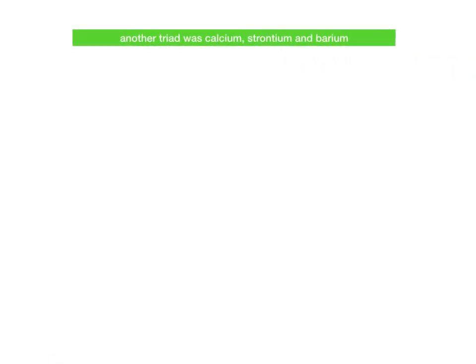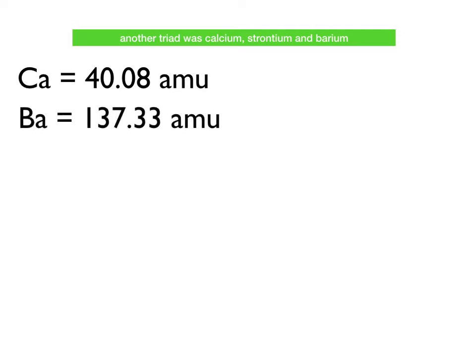Another triad that Dobereiner devised was made up of calcium, strontium, and barium. And calcium has an atomic mass of 40.08 AMUs. Barium, the heavier one, is 137.33 AMUs.